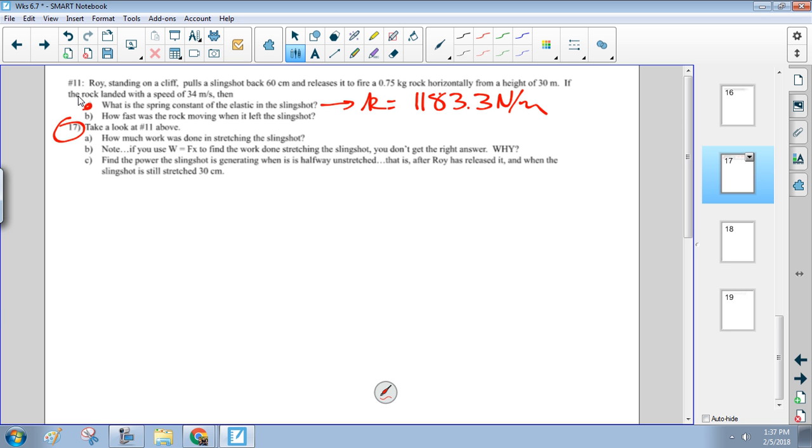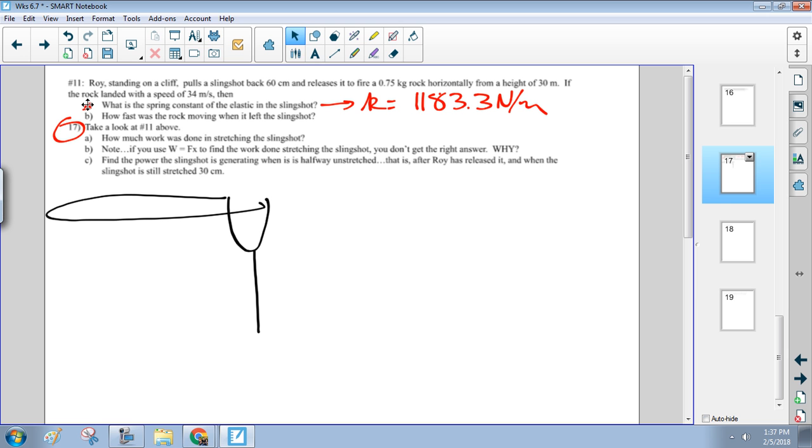So here is the deal. Slingshot. There are 2 points we care about. Right here, this is before he stretches it.